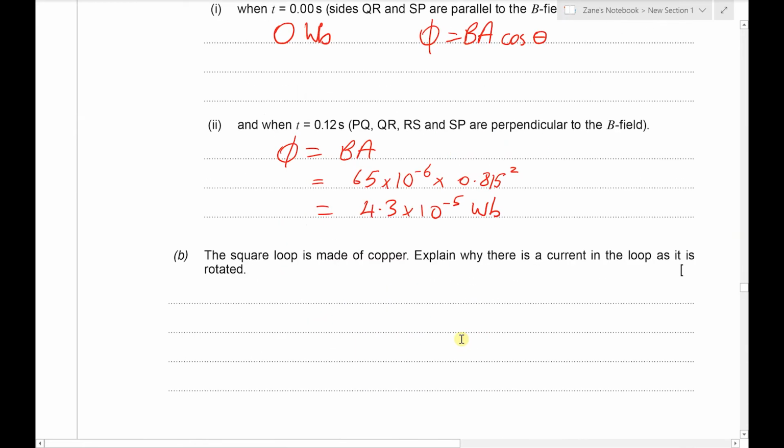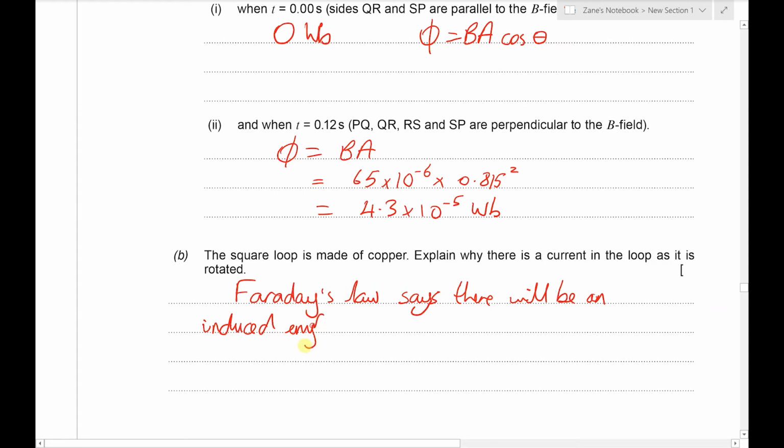The square loop is made of copper, and we've got to explain why there's a current in the loop as it's rotated. Well, Faraday's law tells us that there will be an induced EMF, and that's because the flux through the coil is changing.